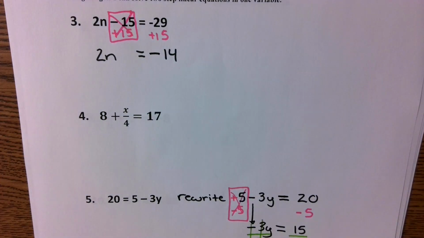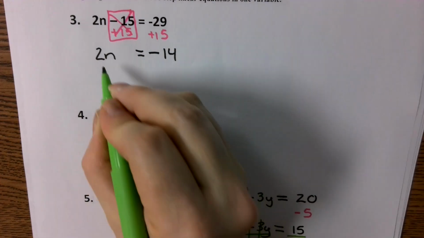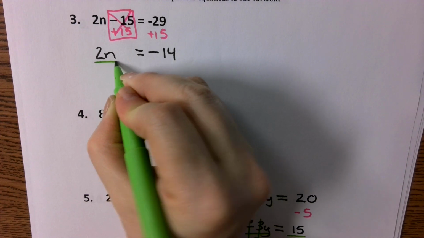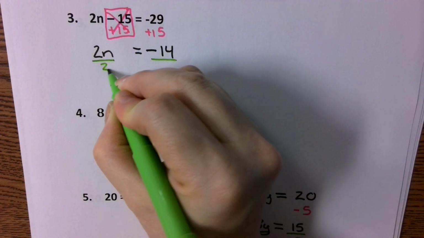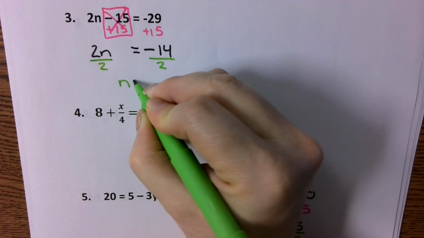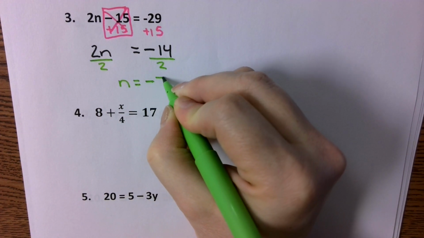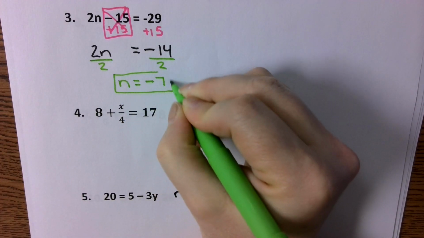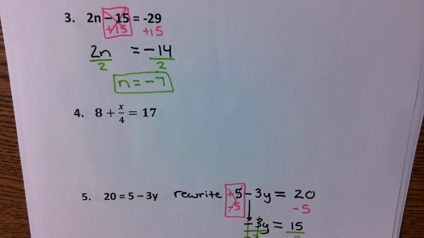Negative 29 plus 15 is negative 14. To get n by itself, we're now going to divide both sides by that 2. And we'll get n is equal to negative 7. Not positive 7, negative 7. Okay, good.